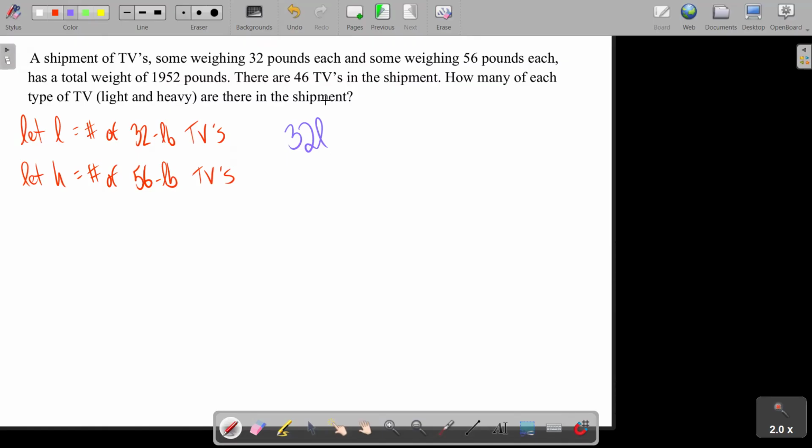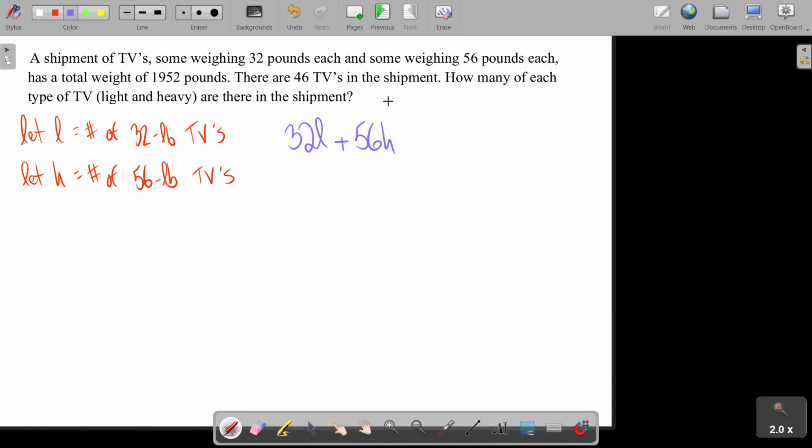And if each one weighs 32 pounds, it makes perfect big brain sense that 32 times that number would equal the number of pounds that are being taken up by those TVs, right? And then it also makes sense that if I add to that 56H, that represents the number of pounds that are being taken up by the heavier TVs.